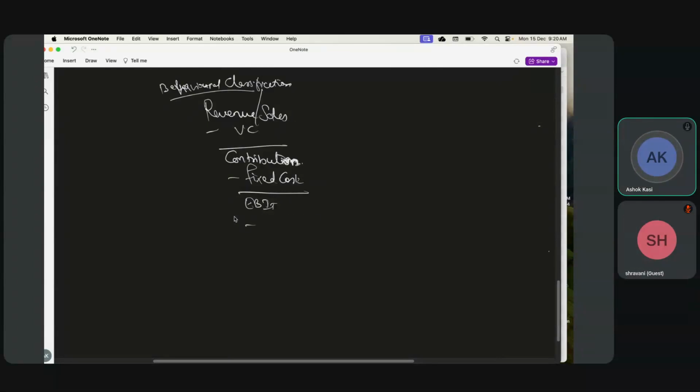So now we'll see only till here. After that, there are further steps also.